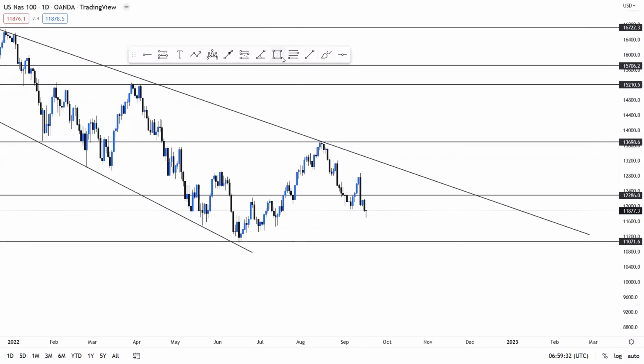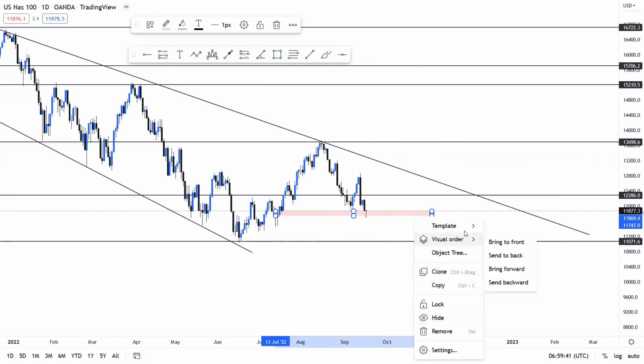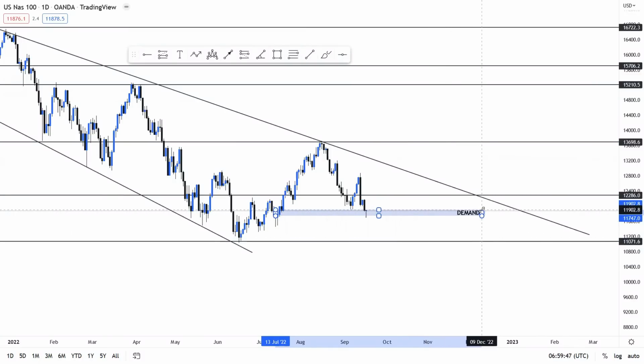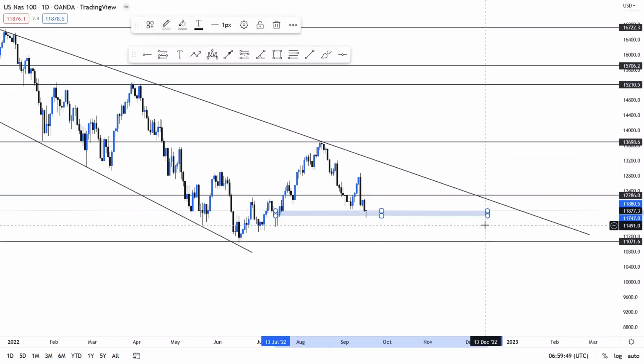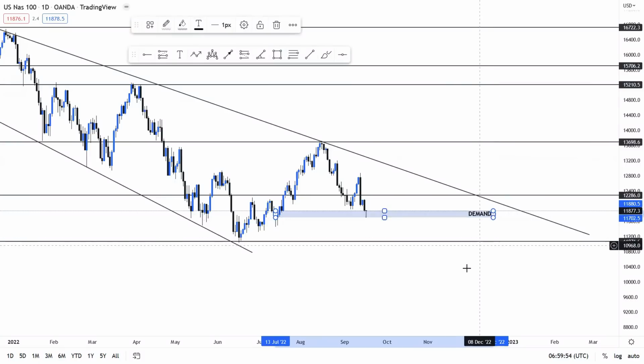So here I can see my proper demand here. So as much as I see my demand here, I'm expecting buying opportunities at that certain point. You understand? I expect buying opportunities at this certain point.